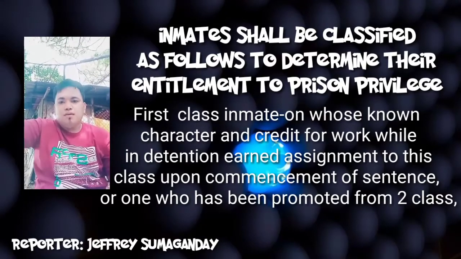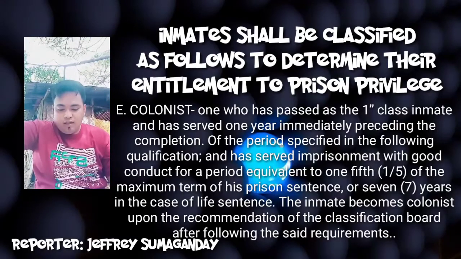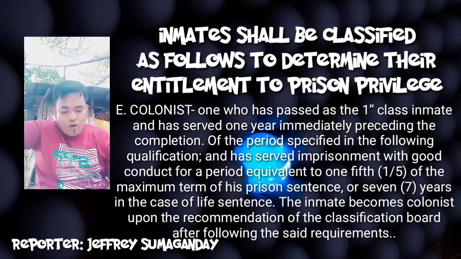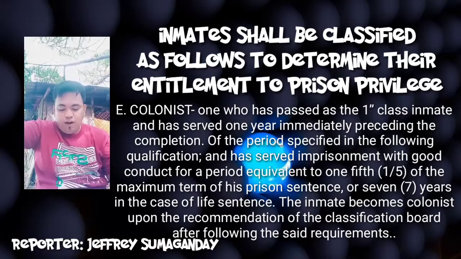So in letter A, colonist: one who was passed as a first class inmate and has served one year immediately preceding the completion of the period specified in the following qualification, and has served imprisonment with good conduct for a period equivalent to one-fifth of the maximum term of his prison sentence, or seven years in the case of life sentence.